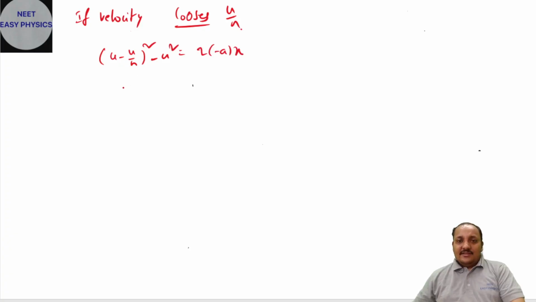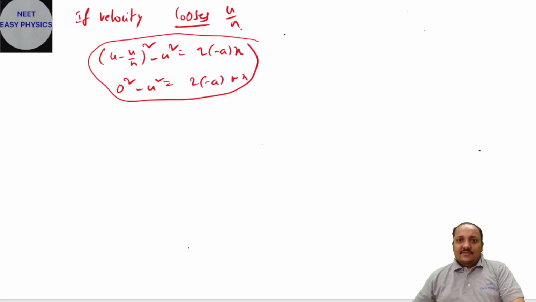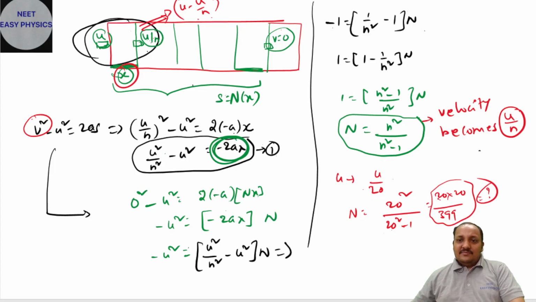And the final velocity 0 square minus u square equal to 2 into minus a into x. If we solve this, the final equation you will get is n square by 2n minus 1. Most of the time they will give this problem if velocity loses. Because if you do this problem, 400 by nearly 400, you will get maybe 1 point something, meaning 2 planks are required for this case.